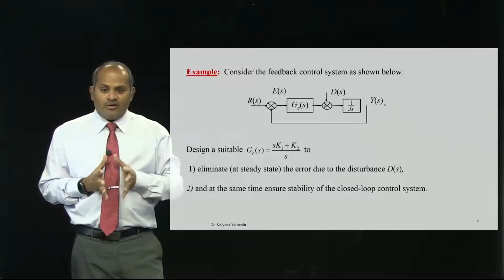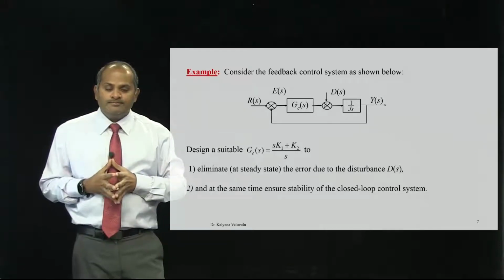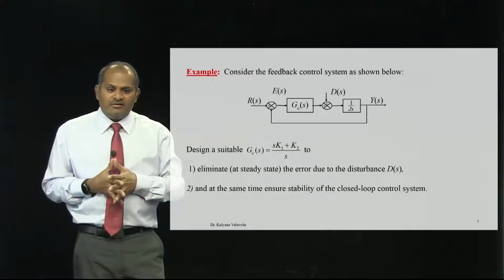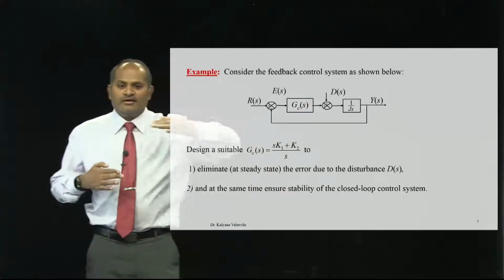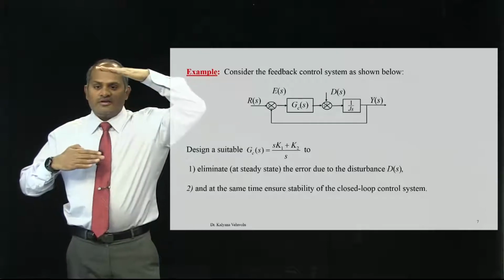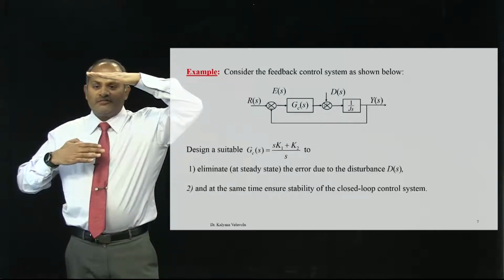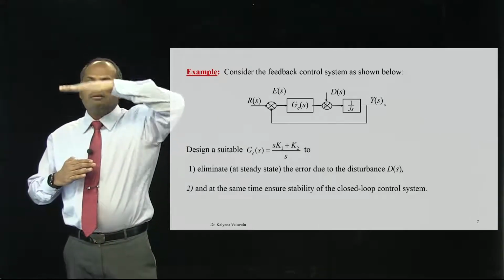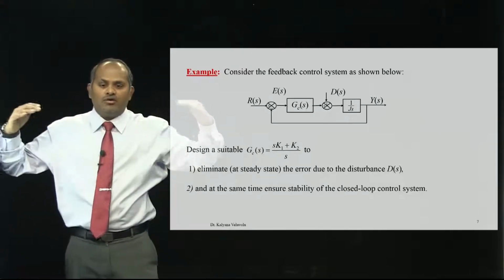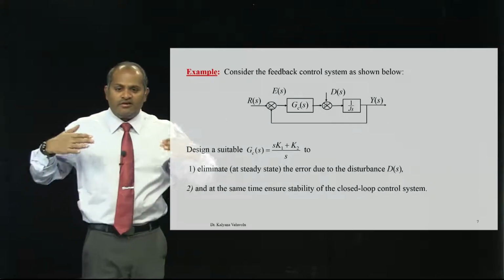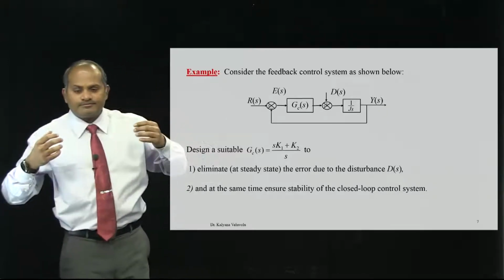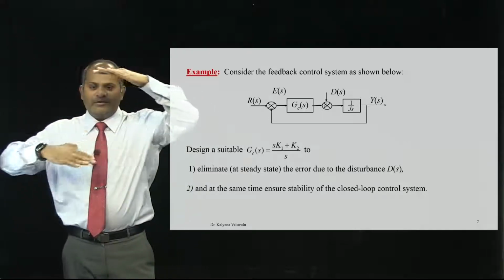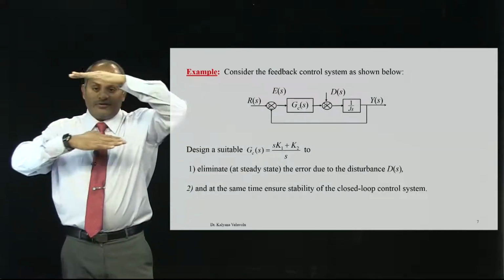This is a very common problem. In many practical systems, we have disturbance coming in. This disturbance can be like turbulence in an aircraft, because when the aircraft is flying, it encounters turbulence, it loses its altitude, and then the pilot corrects to get back. Maintaining the altitude is most important for aircraft, because each aircraft is given a different safe altitude.